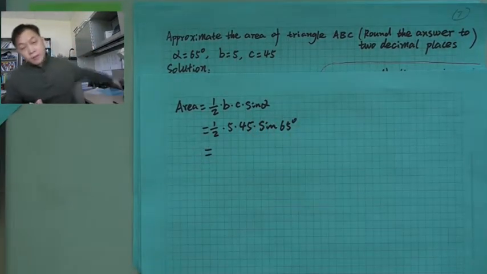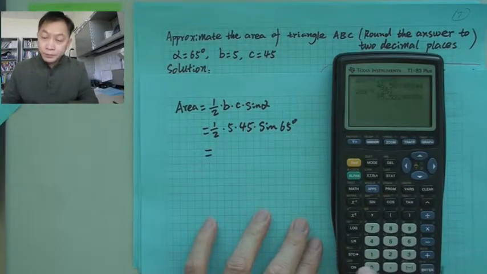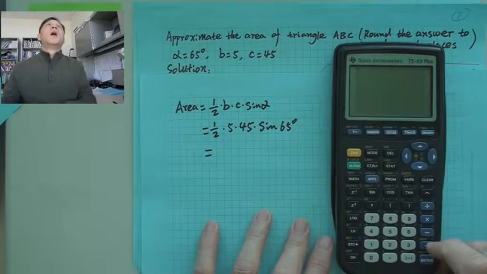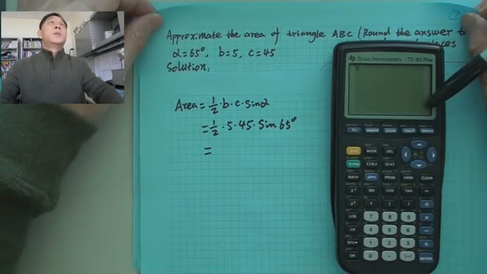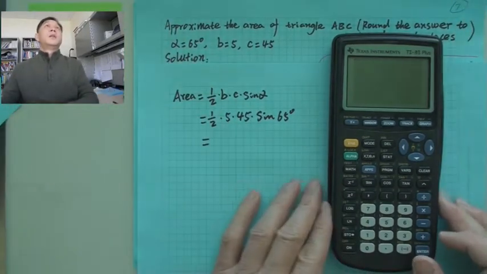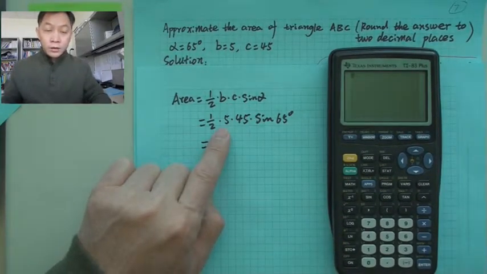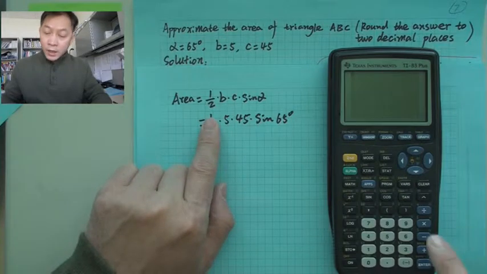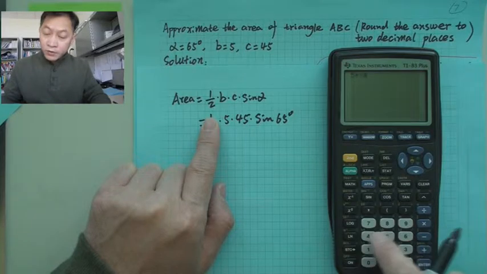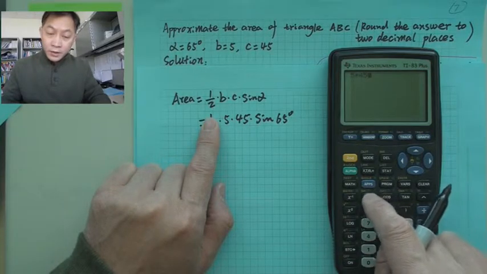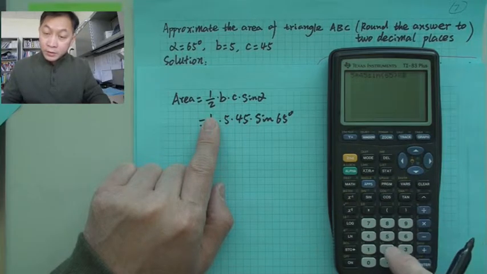And then you see you have a calculator here. Let me move this up a little bit, and this one can be down a little bit. So we do 5 times 45 times sine 65, divided by 2.